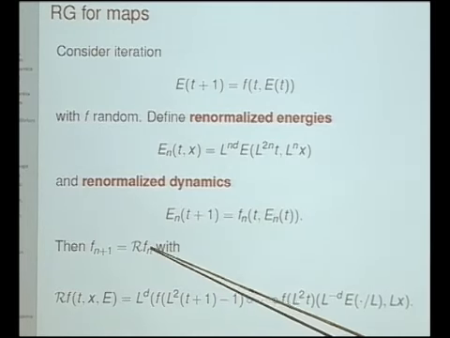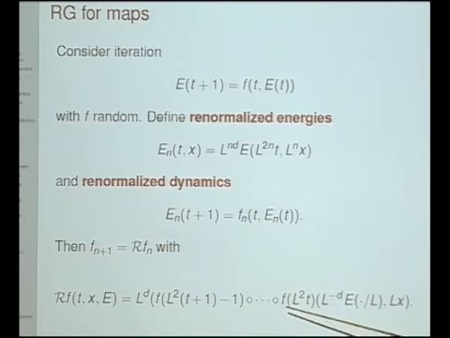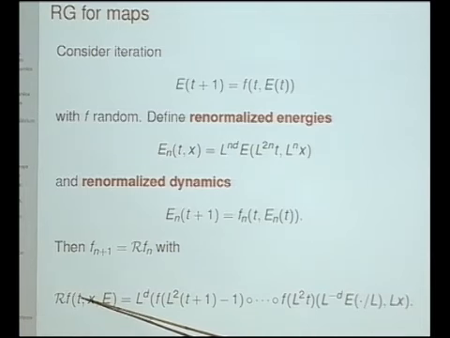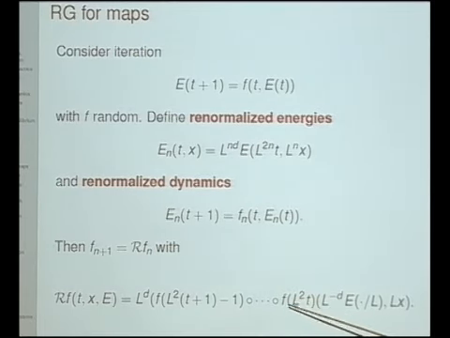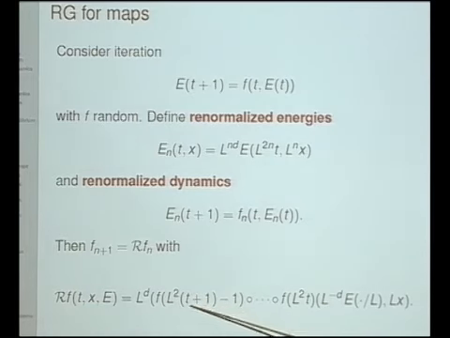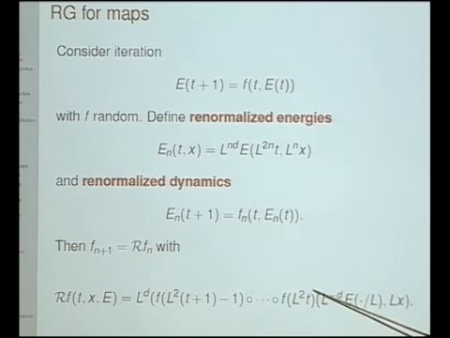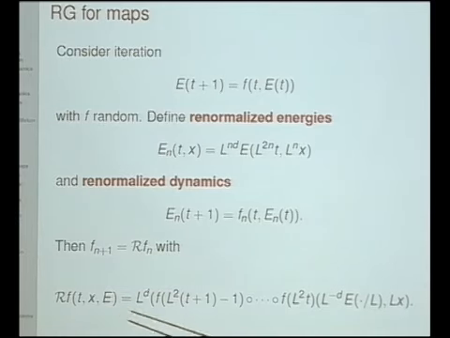Why is R independent of n? It's R itself that is here. These F's depend on T, but R is an exact formula. If you want to compute the renormalized guy at renormalized time T, you take the original thing at time L squared T and compose up to L squared T plus 1.